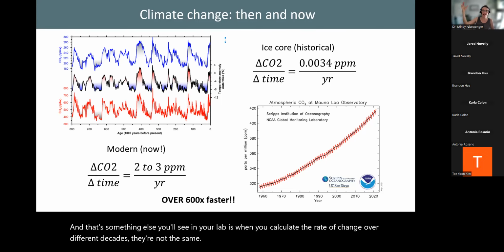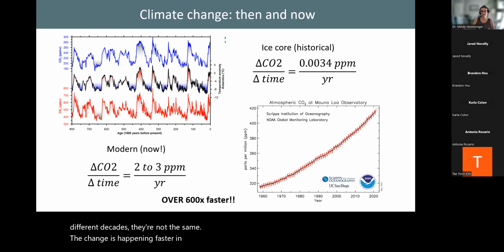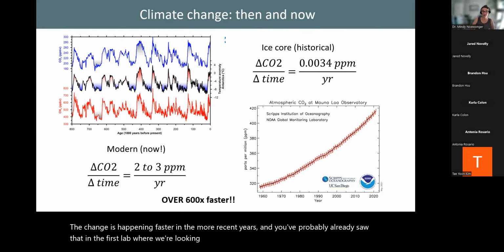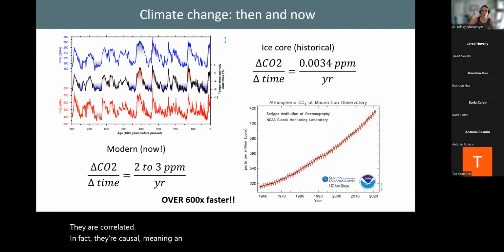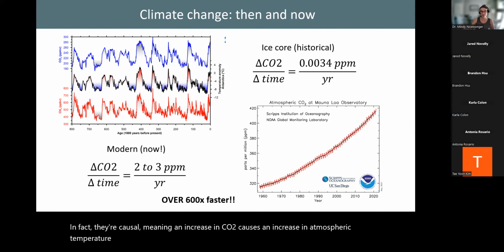The change is happening faster in the more recent years. You probably already saw that in the first lab where we looked at temperature. So CO2 and temperature are linked. They are correlated. In fact, they're causal, meaning an increase in CO2 causes an increase in atmospheric temperature. We know that to be true.